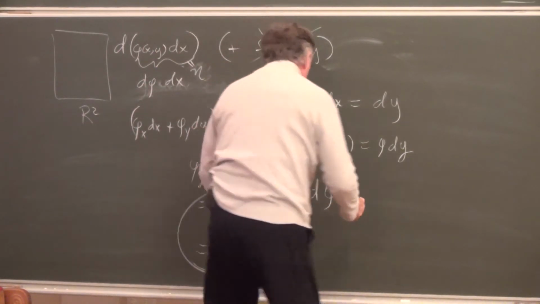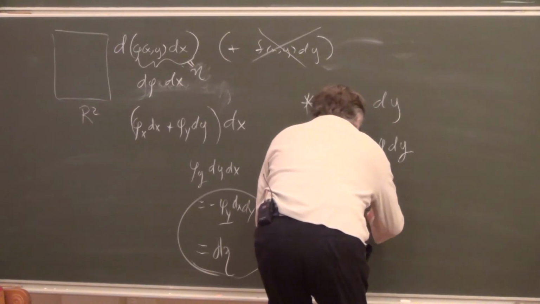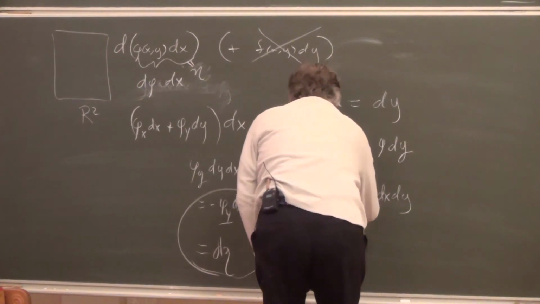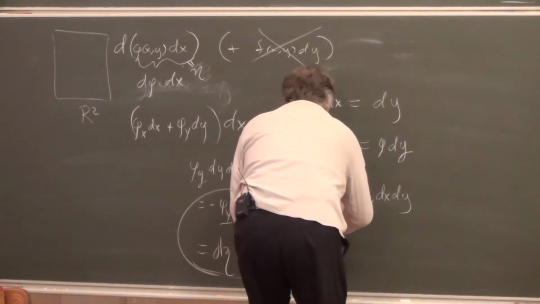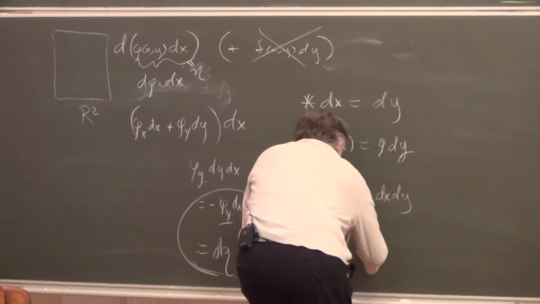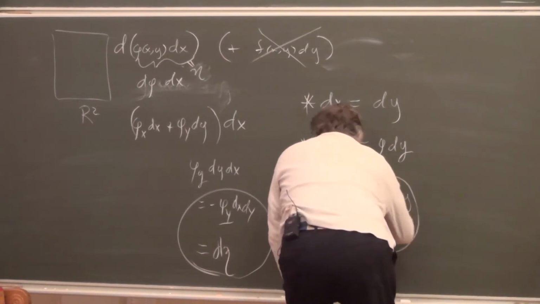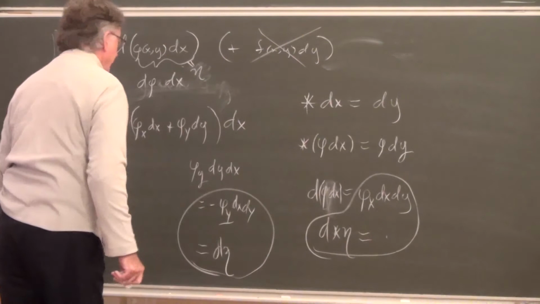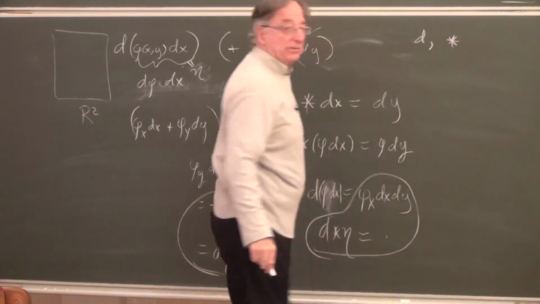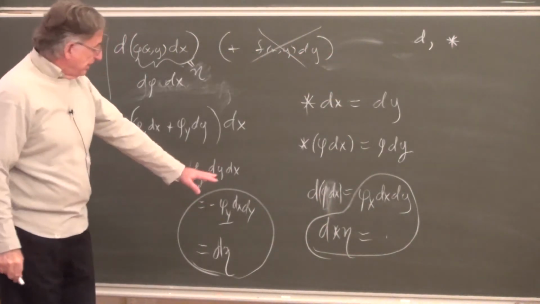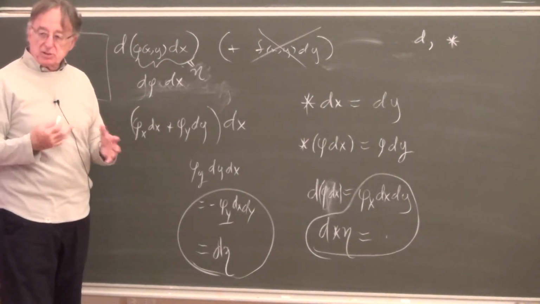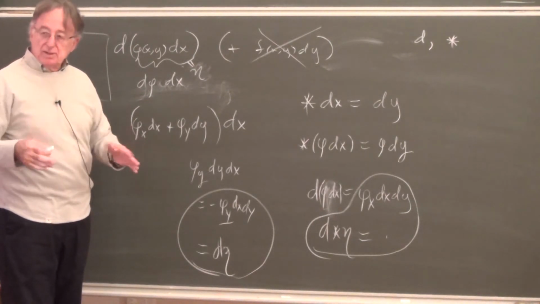And so d of star eta is phi sub x dx dy. So you see, if you know d and you know star, if you know these two operators, then you have complete control of what goes on. You don't have to think of the partials, which depend on coordinates. So this is sort of a conceptual way to have coordinates.